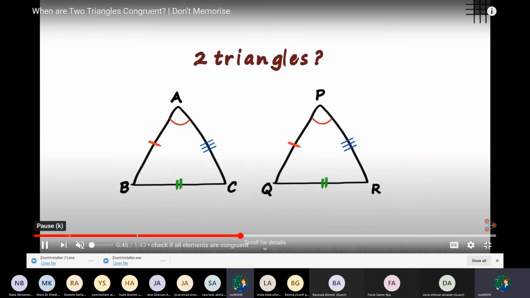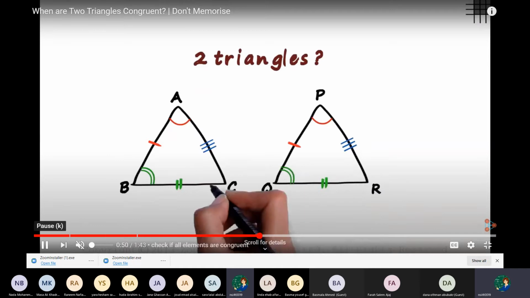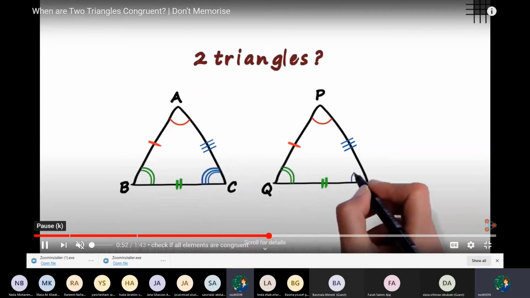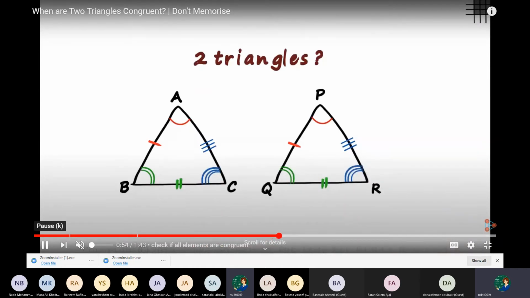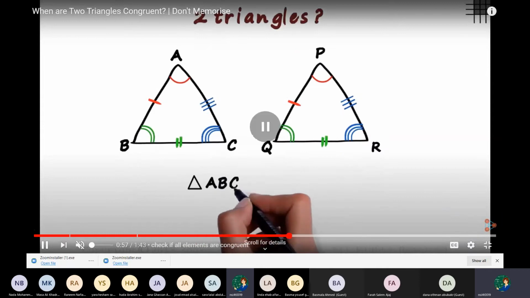And also, angle A is congruent to angle P, and angle B is congruent to angle Q, and angle C is congruent to angle R.